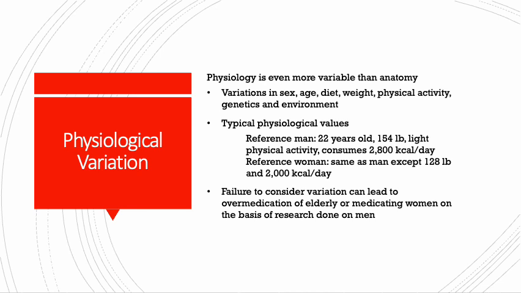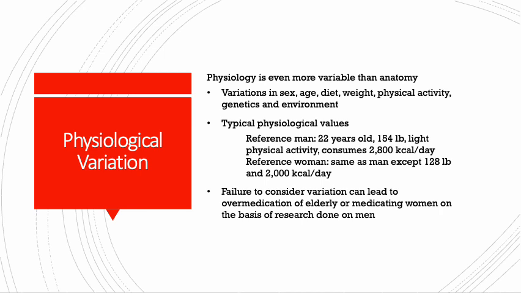So we need to make sure that we are aware that somebody's physiology, meaning the function of an organ, could be different just based on their age or their weight or any other health issues or comorbidities that they might have. So typical physiological values can change.